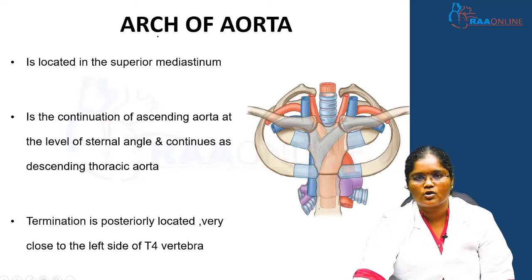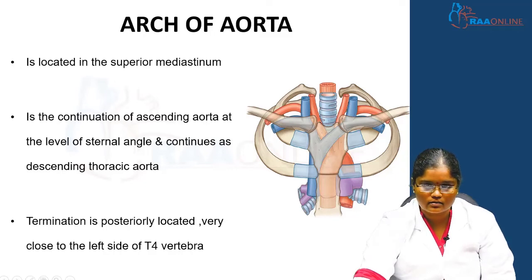Already we saw the arch of aorta related to the superior vena cava. While discussing the superior mediastinum, I said the arch of aorta is located behind the left brachiocephalic vein. So it is situated in the superior mediastinum. The arch of aorta is a continuation of the ascending aorta at the level of the sternal angle.